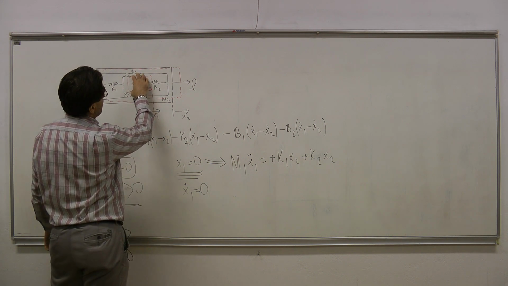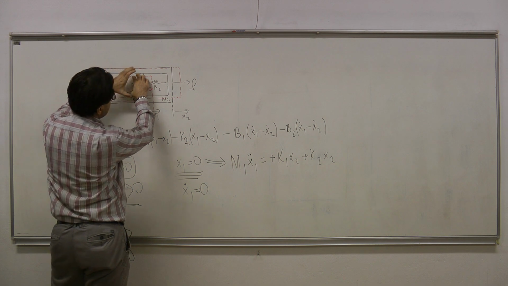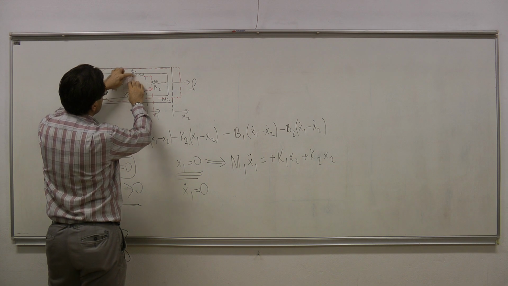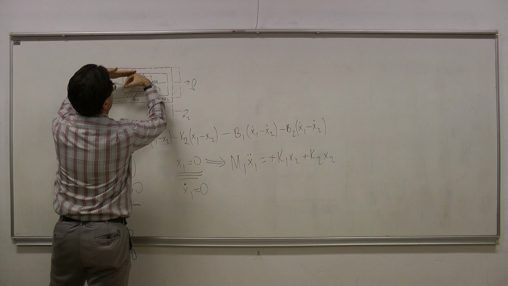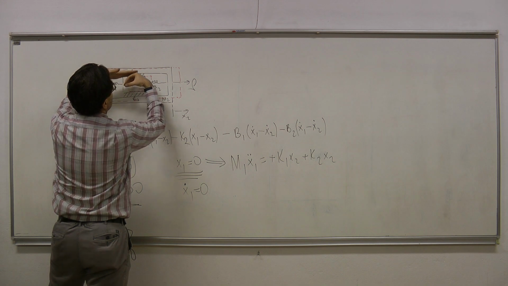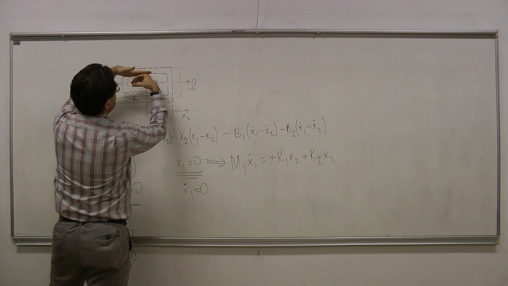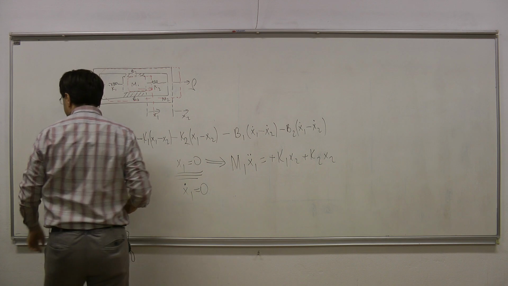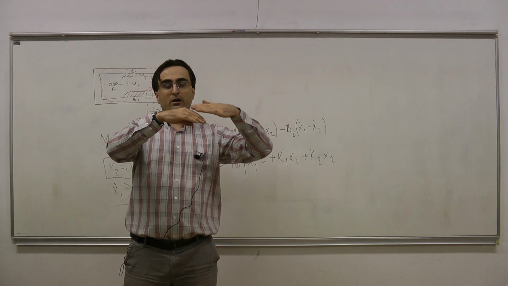Suppose that I don't move m1 at all, and suppose I move m2 with fixed velocity to the right. In that case, m1 is staying here, and I'm moving the outer case. So due to the friction between the outer case and the mass, this mass is going to want to go towards the right. Just like this case, this is m1.